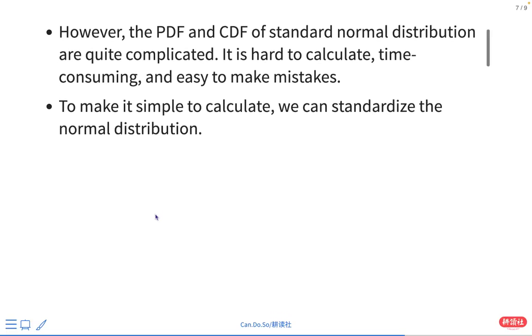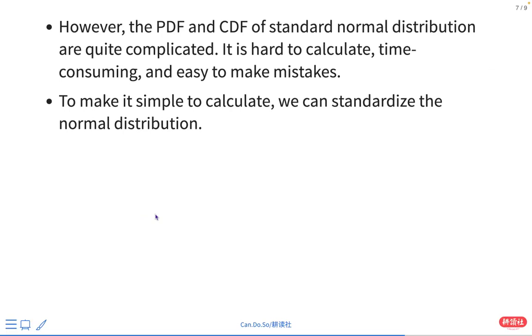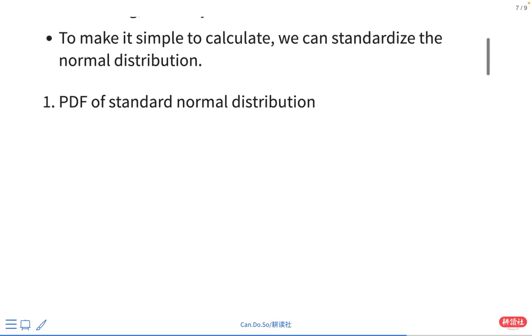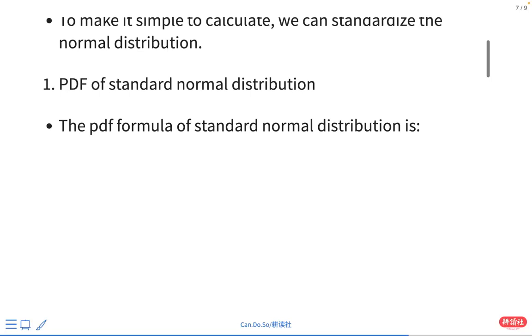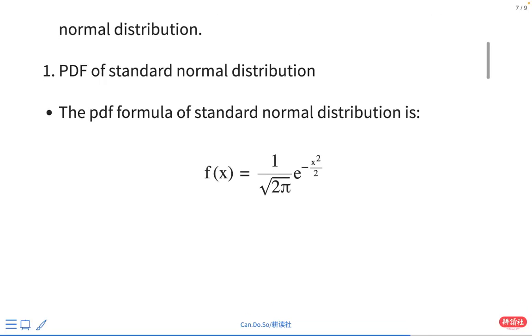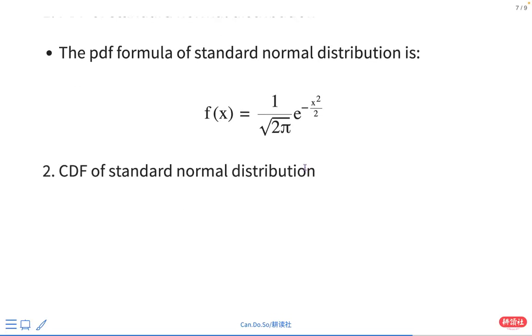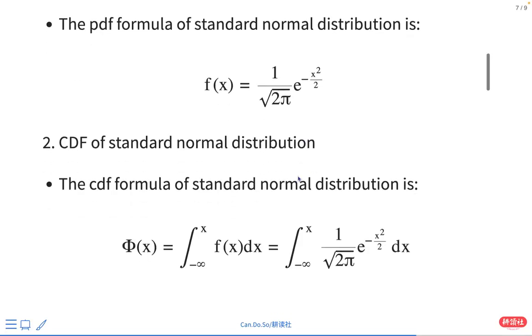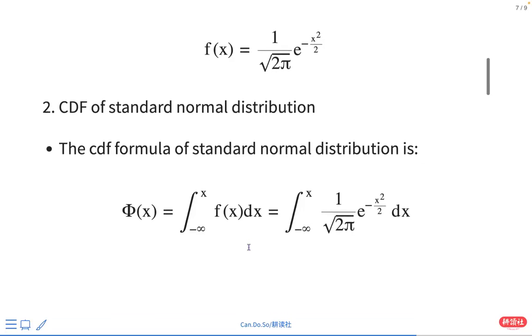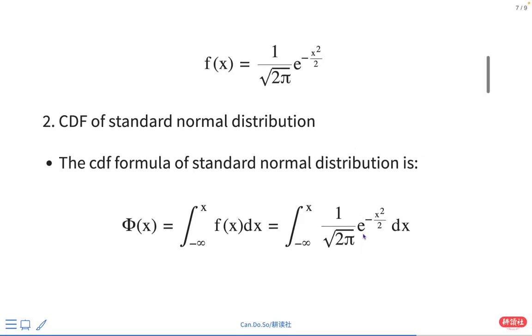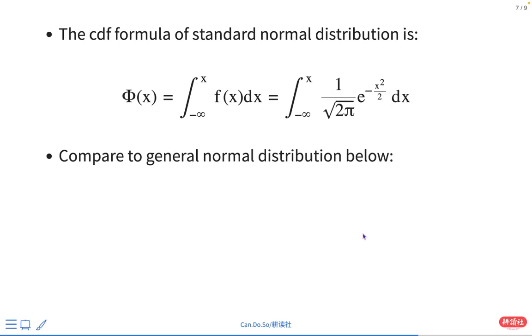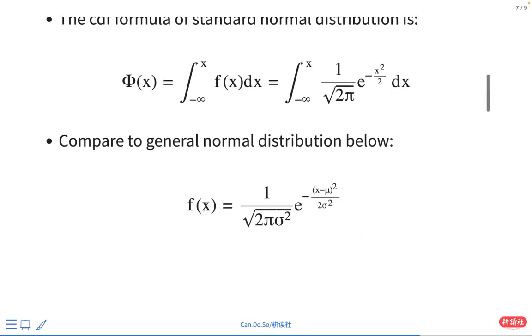We standardize the normal distribution, and the PDF of the standard normal distribution is like this, and we can compare it to the general normal distribution below.